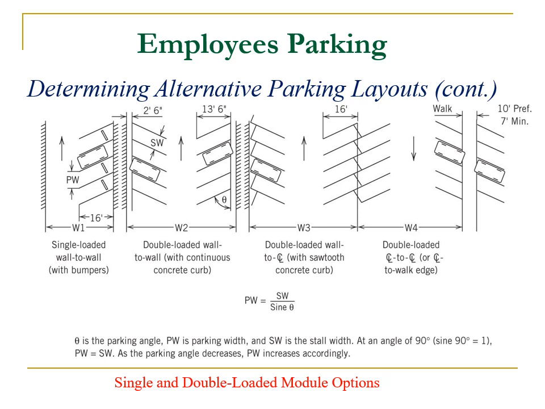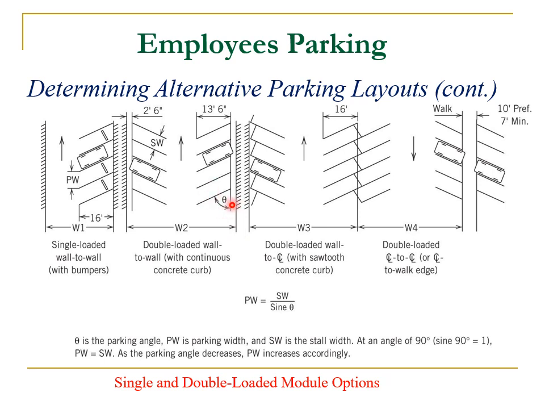So we have single loaded or double loaded modules, and depending on whether you have a wall or a walkway in between these parking lots, the size changes. Also, we will consider the angle of parking, and when we say this angle, it's the angle of the parking stall with this curb.